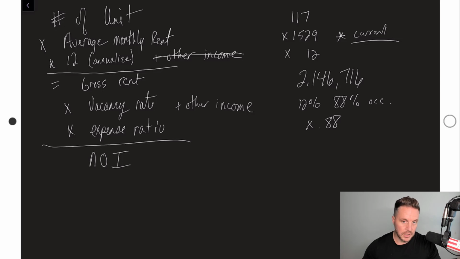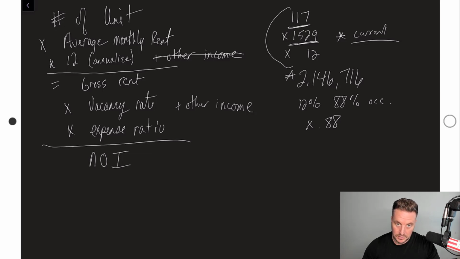So what we're saying right now is we're saying 12% of this building is empty. So that means, you know, minus that from 100, that means 88% is occupied. So this number right here, we're really only collecting 88% of it because it's based off of these numbers here, and we're saying that all 117 times this equals this.